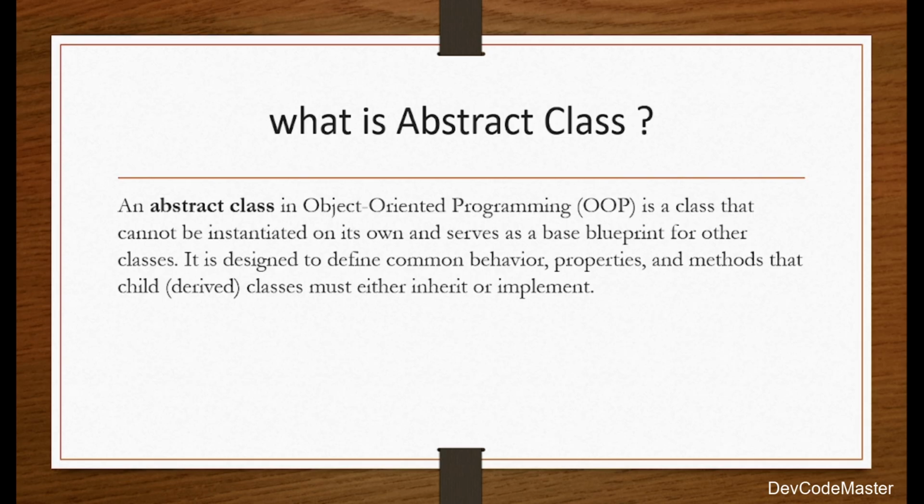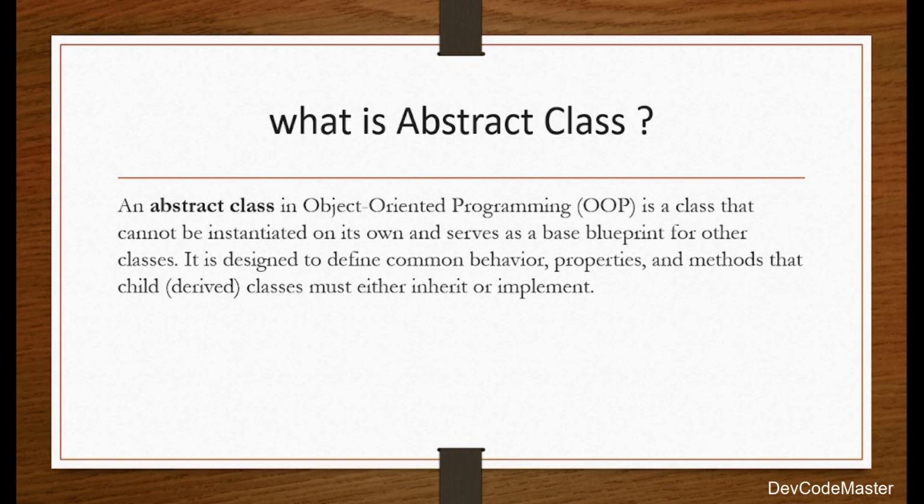What is an abstract class? An abstract class in object-oriented programming is a class that cannot be instantiated on its own and serves as a base blueprint for other classes. It is designed to define common behavior, properties, and methods that child derived classes must either inherit or implement.